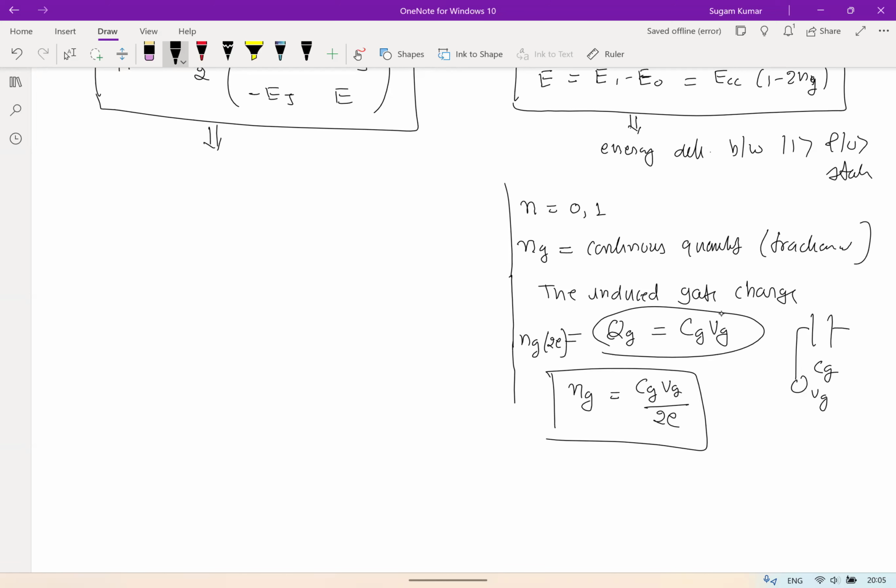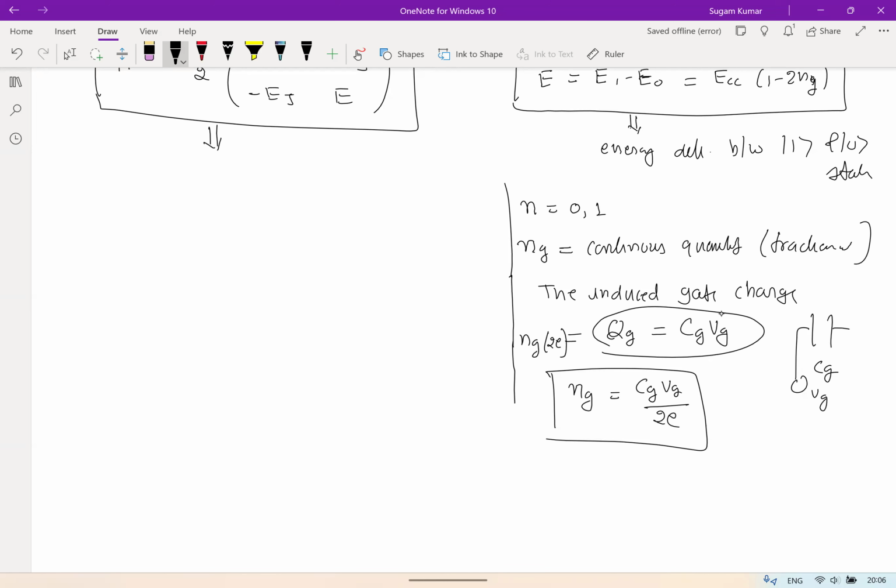So this can take any value. Remember that this is not a Cooper pair. This Ng is not a Cooper pair, okay? This is just a charge induced on the surface of the capacitor, okay? So Ng is not the actual number of Cooper pairs. It is a dimensionless continuous parameter.